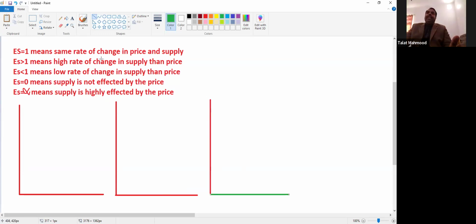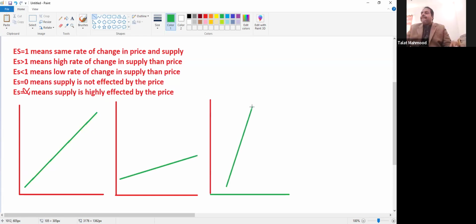Now you have to tell me whether this is inelastic, more elastic, or less elastic. These are the supply curves in these three diagrams. We try to figure out the changes.